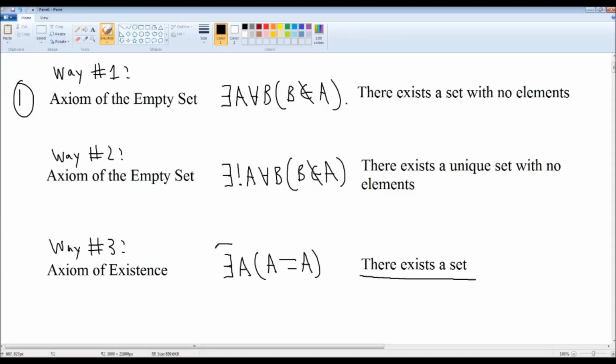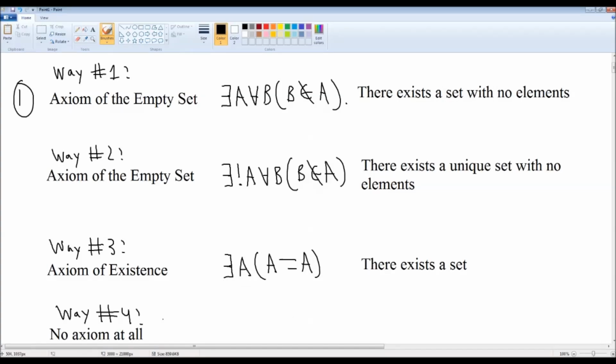In other words, there exists an A. The reason we have this inside part is because in the syntax of logic, you're not allowed to just have nothing. In logic, you're not allowed to just write this without something after it. The reason A equals A is typically chosen is because it's always true.